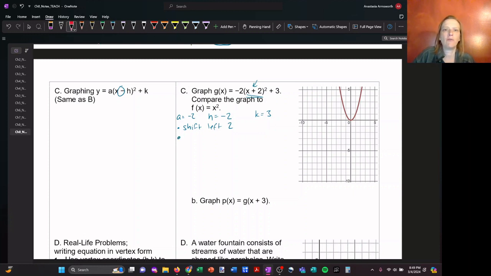This -2 value out front is going to do two things. We're going to have a reflection across the x-axis, and we are going to have a vertical stretch times 2.